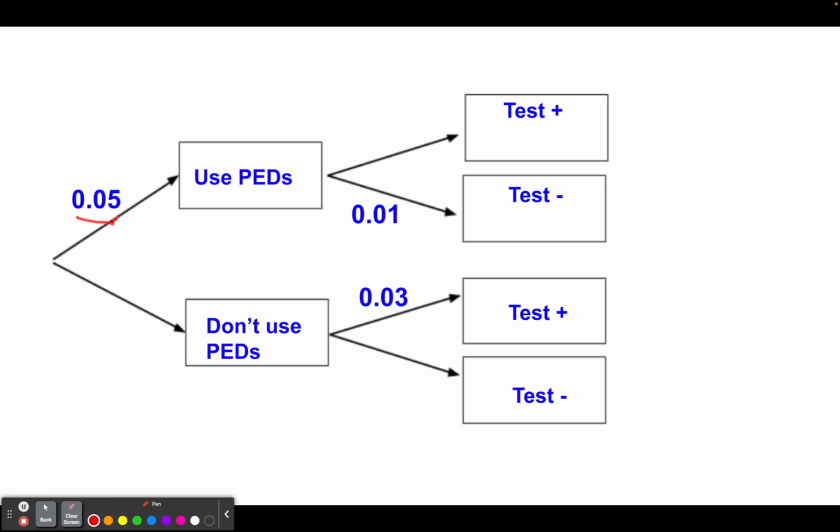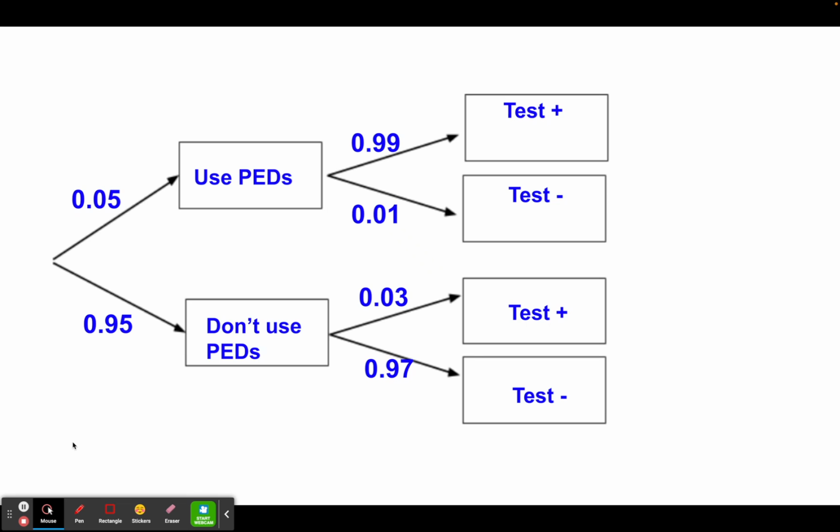So if we have 5% that use performance-enhancing drugs, the percent that would go down here would be 1 minus that value. And if 1% here will test negative, that means 1 minus that, or 99%, will test positive. So just by doing some quick math, we can fill in the rest of those branches.